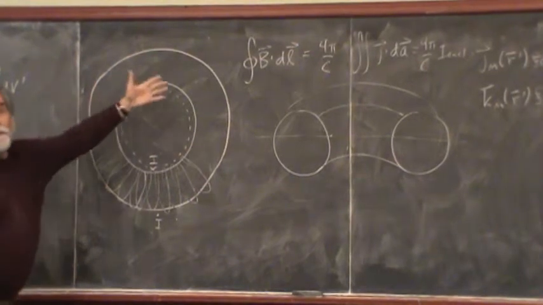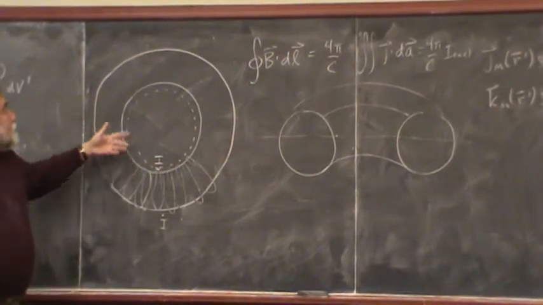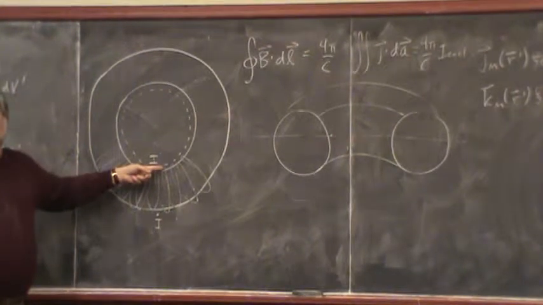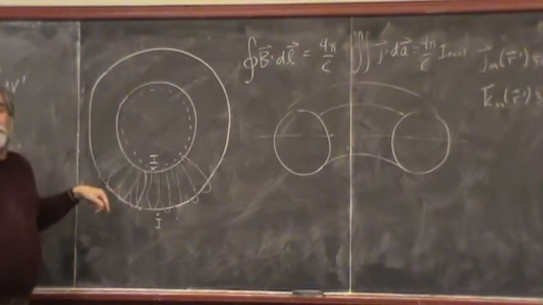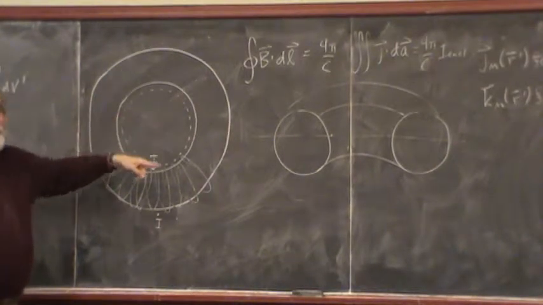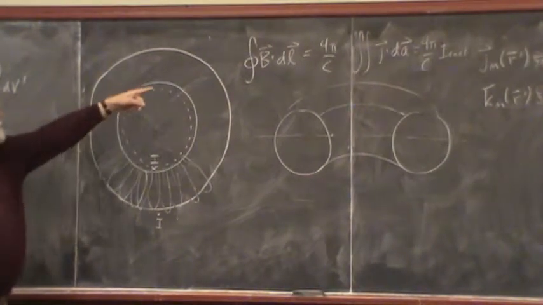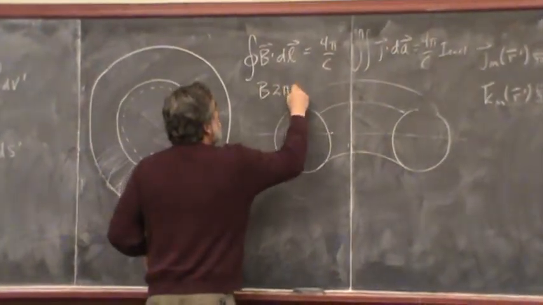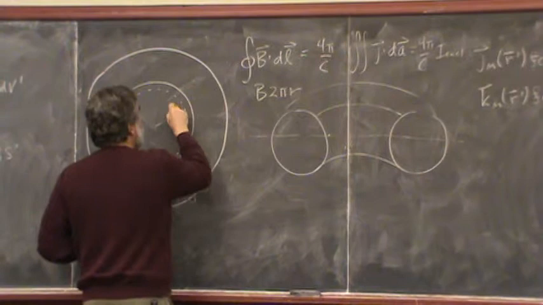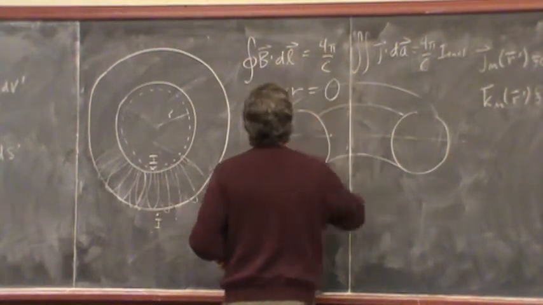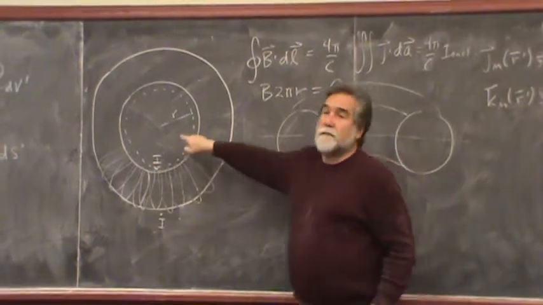I can argue by symmetry that the magnetic field here must be equal in magnitude to the magnetic field here, and it must point in a circular direction. Therefore, since B times 2 pi r, r being the distance from the center, is equal to the current enclosed, and the current enclosed is 0, the magnetic field is 0 inside.